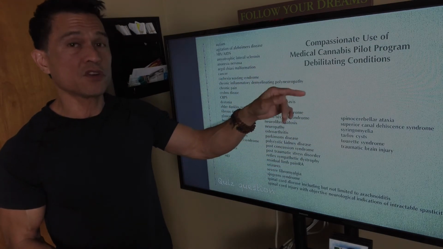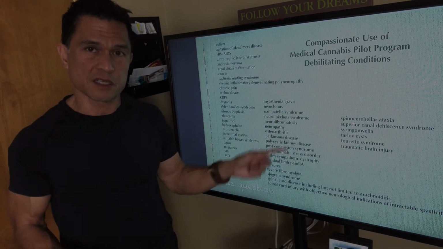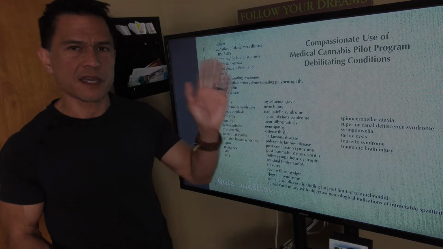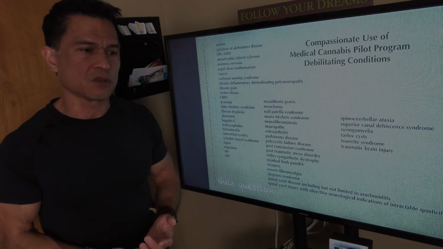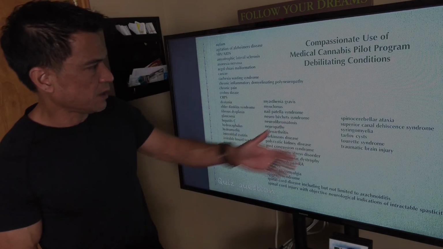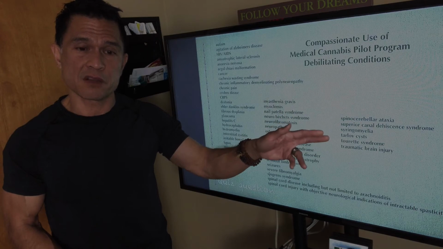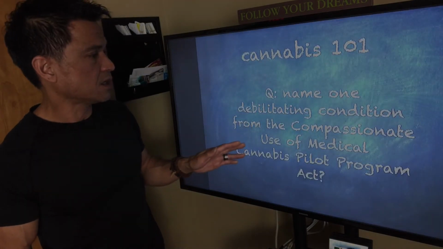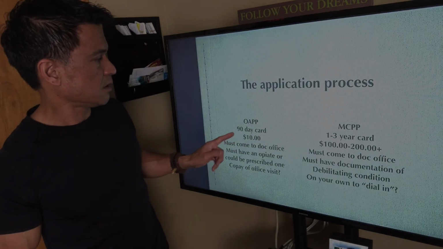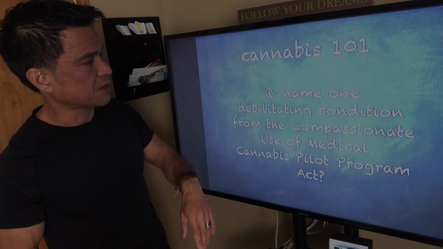It was first called the Compassionate Use of Medical Cannabis Pilot Program on Debilitating Conditions. There used to be 40, now they added 9 more in the summer of 2019, and they'll probably add more as time goes on. So if you have any of these diseases, you can access the long card and have a caregiver designated too. If you don't have these diseases, then you can essentially use just narcotics as your way in, but I'll get to that in a second.